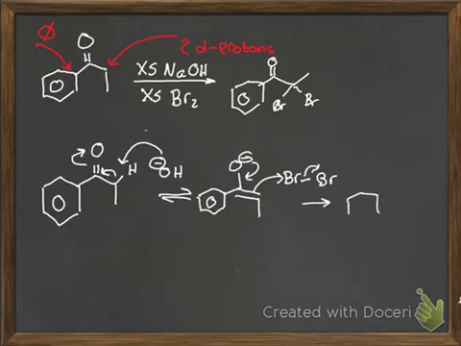Now, this is where, if we were in the acid pathway, we'd be done. The problem is we're not. There's still a proton on that alpha carbon. And that alpha carbon proton is going to get plucked off again.